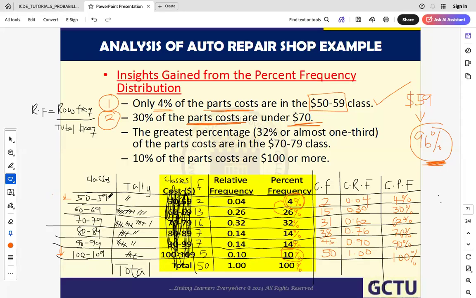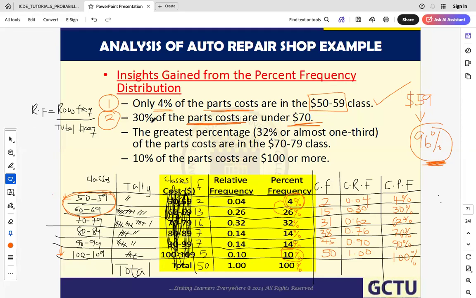And this 30 is covering all spare parts costs between $50 to $69. This first two. So if I say 30% of the spare part costs are under $70, it means that they are not up to 70. And the table is showing it here, that indeed the spare parts costs that we have on the invoices that are under $70, they are 30%.